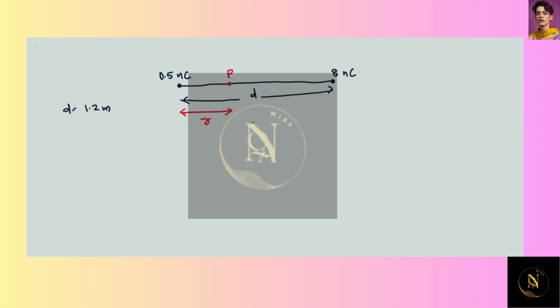Let's call this point P. Therefore, the distance between point P and the 8 nanocoulomb charge will be equal to 1.2 minus r, assuming r is in meters. Now, as I said before, both the charges are positive, so the null point will be in between them, and that point we have assumed to be at a distance r from one of the charges.